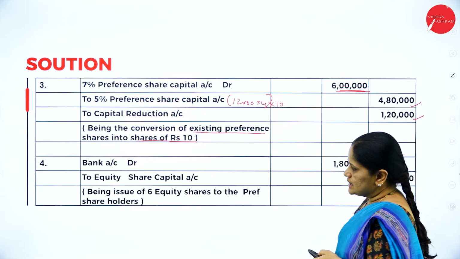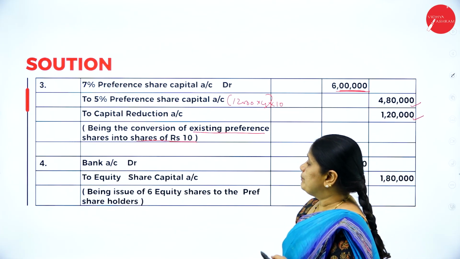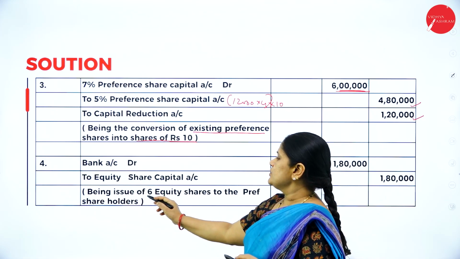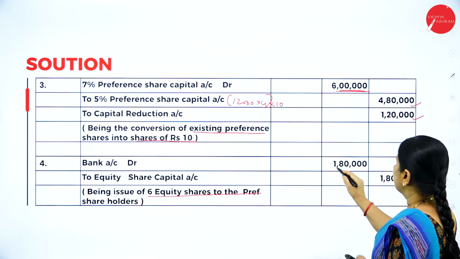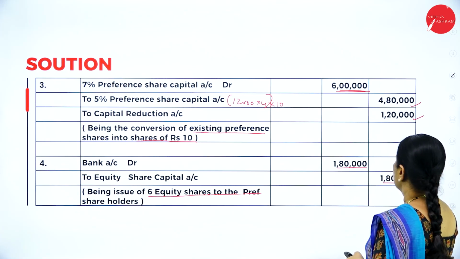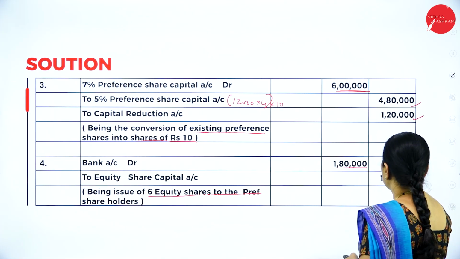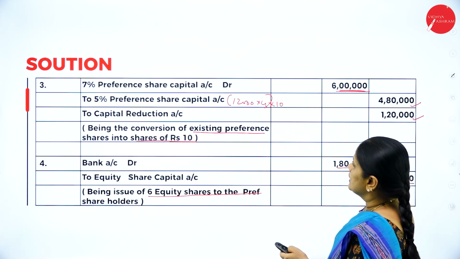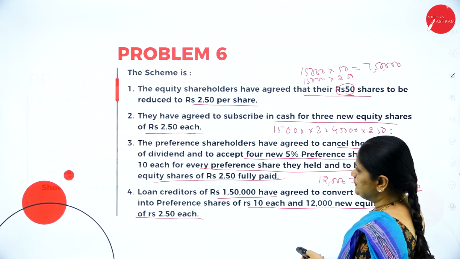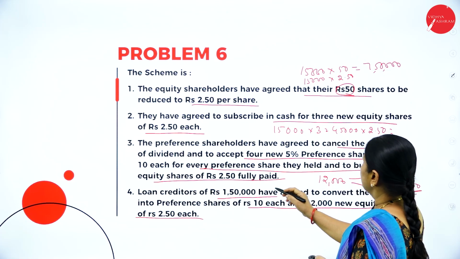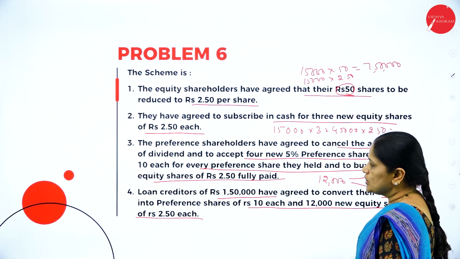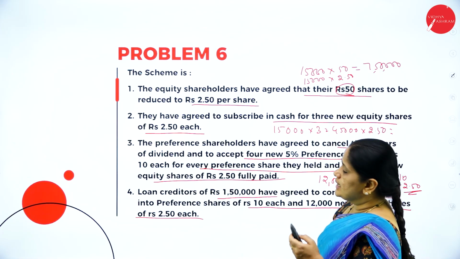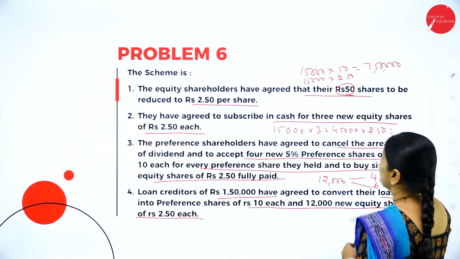Then next, they have also agreed to buy 6 equity shares to the preference shareholders. So bank account debtor 1,80,000, to equity share capital 1,80,000. If you can see here, they are to buy 6 new equity shares of 2 rupees 50 each. So each preference shareholder is buying 6 new equity shares.